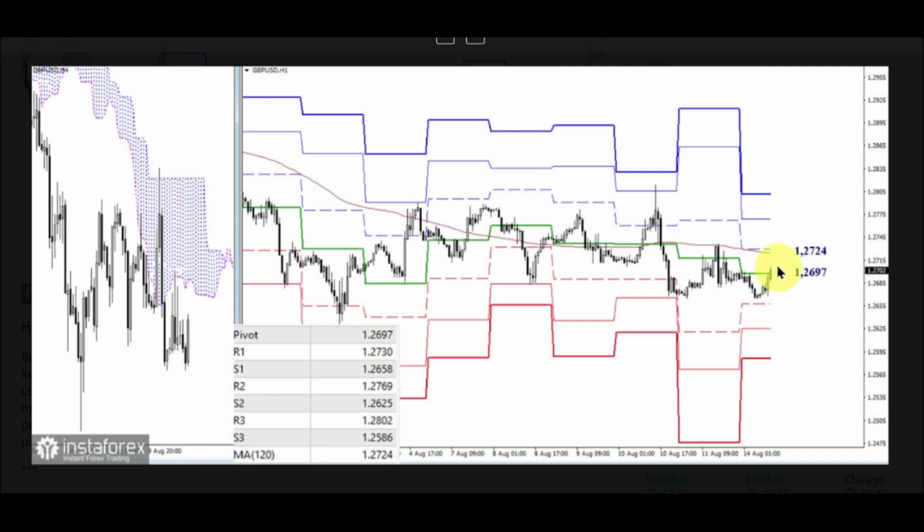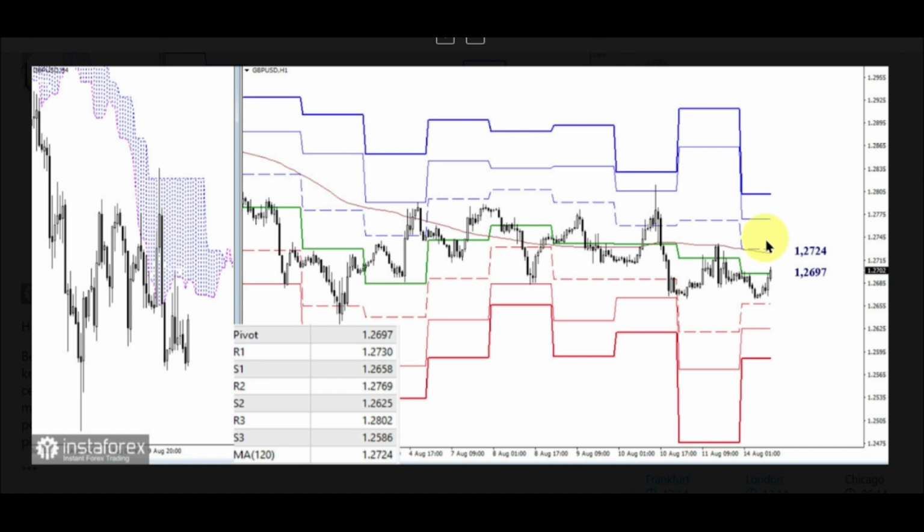Right now, it's testing the resistance of the day's central pivot point, 1.2697, followed by the weekly long-term trend, 1.2724. Establishing above the moving average and its reversal can alter the current balance of power.